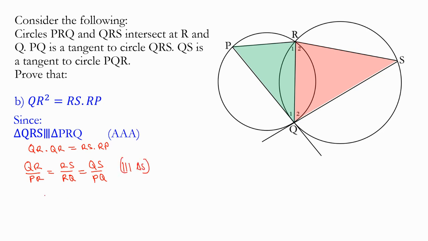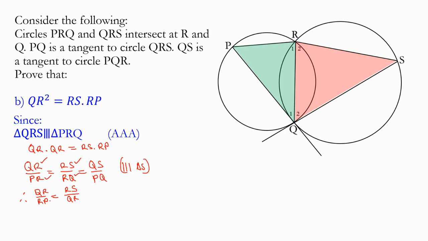Now if we check, we have QR there, QR there, RS there, and PR there, which is just RP. So therefore, you have QR over RP is equal to RS over RQ, and QR is just the same thing. You see that? Can we cross multiply here? Yes, we can.